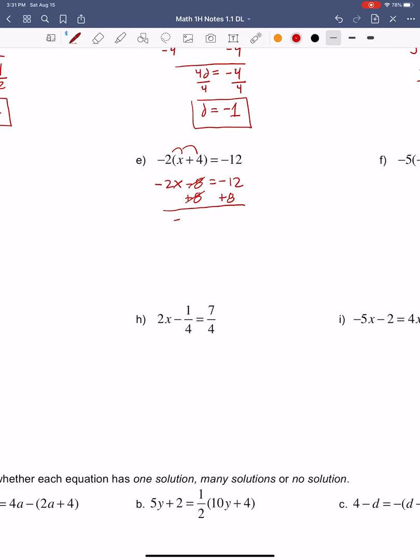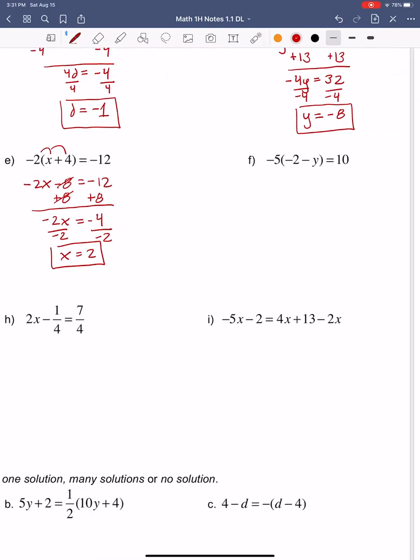So I get -2x equals -4. Then divide both sides by -2. And here we've got a negative divided by a negative, which remember turns out to be a positive, and 4 divided by 2 is just 2.